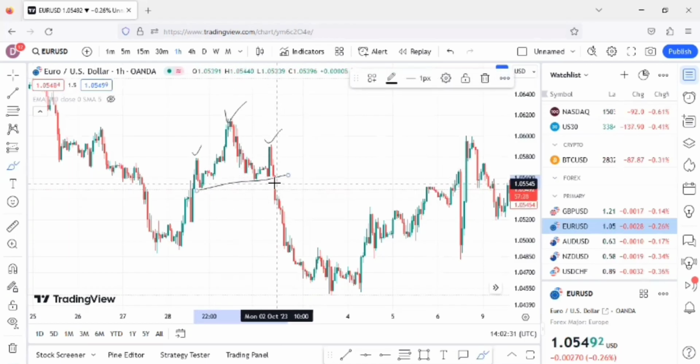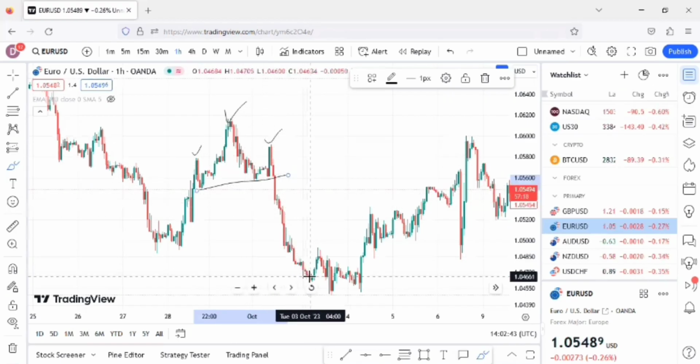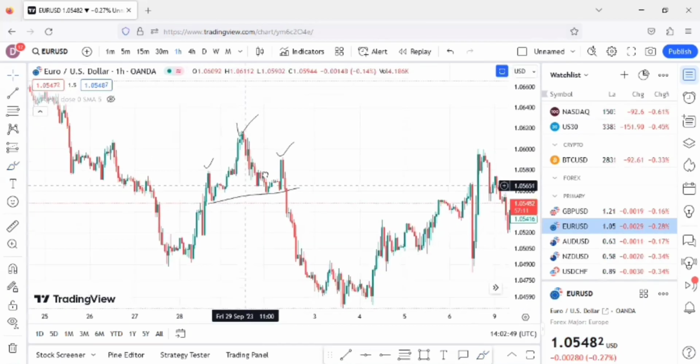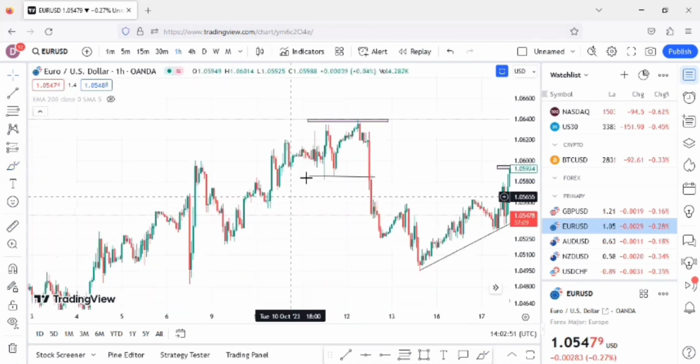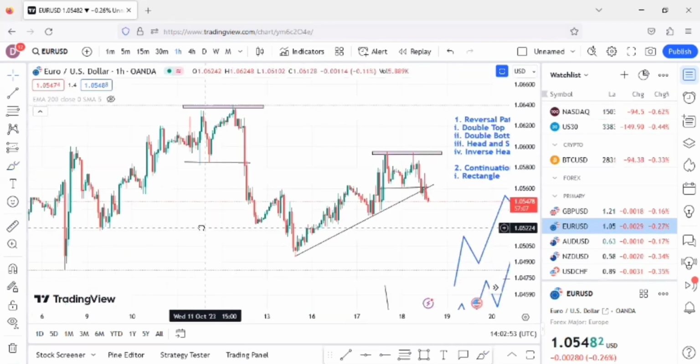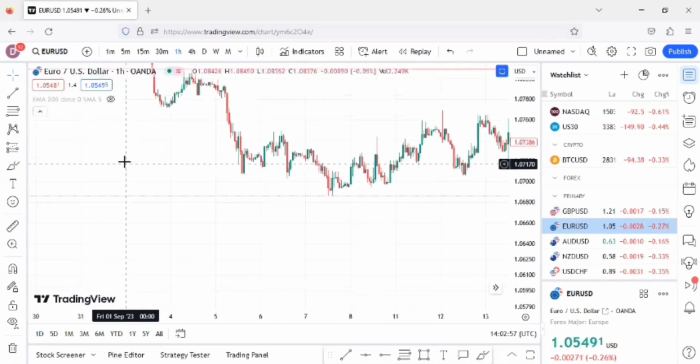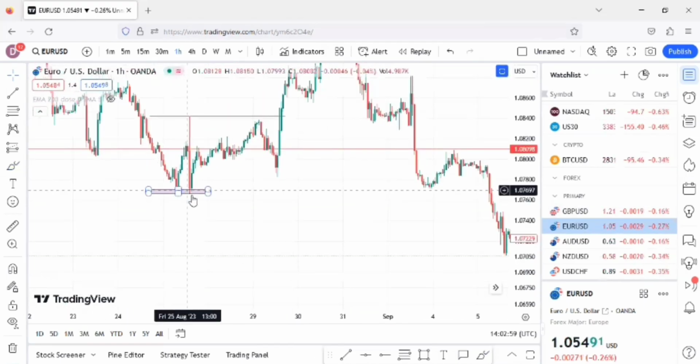As soon as you have a break, what happens? Your entry, your stop loss. You understand? So your entry, your stop loss, and the price begins to drop. So you've seen a reversal, you've seen head and shoulder, you've seen double top, and we've seen double bottom.